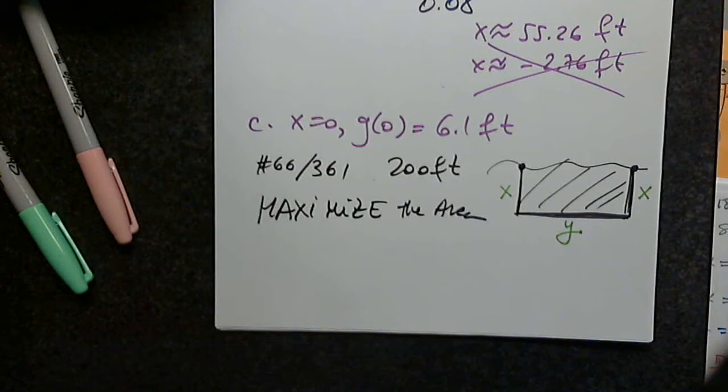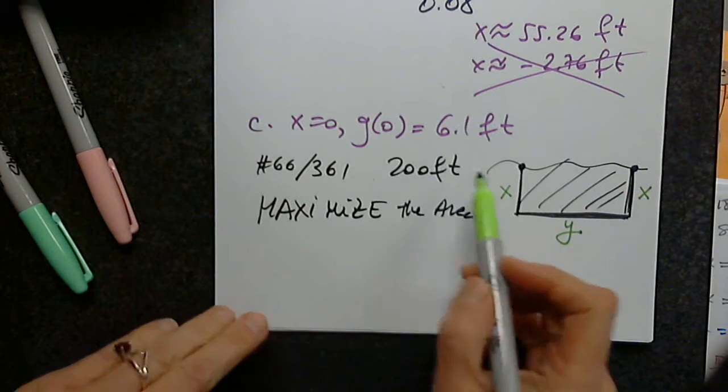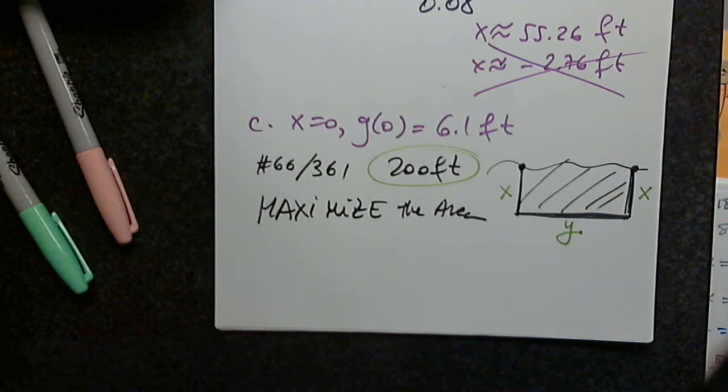I know two things. I want to use it all because I have it. I don't want to keep part of it or save part of it. I want to use the entire 200 feet, and I want to find how long and how wide this rectangular garden should be so that I get the maximum out of it.